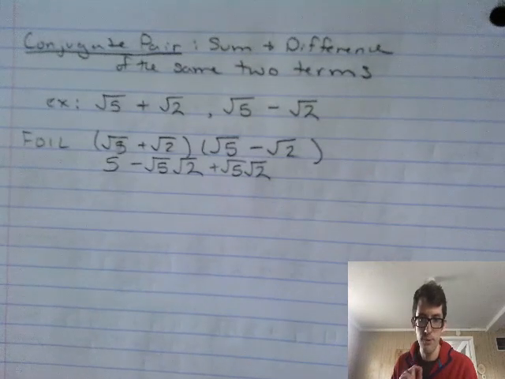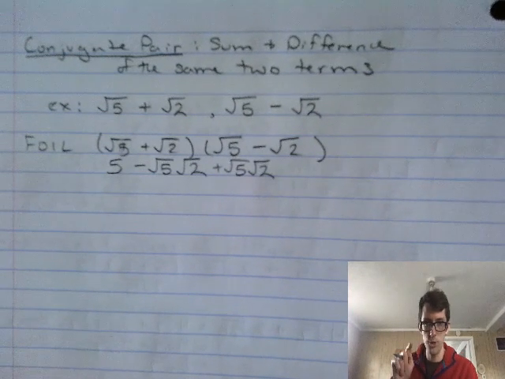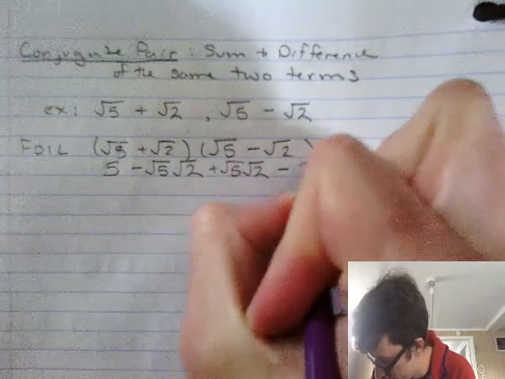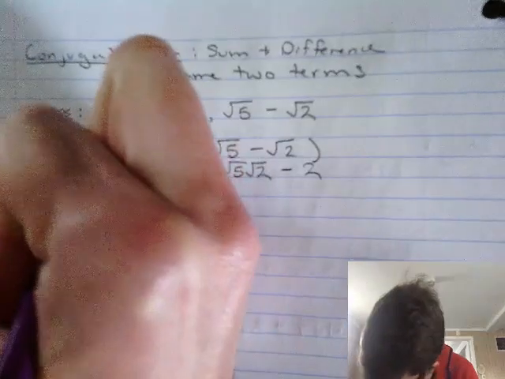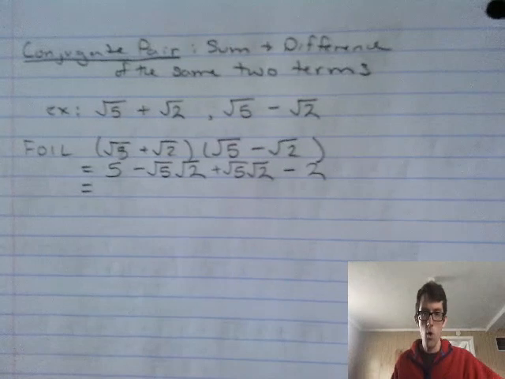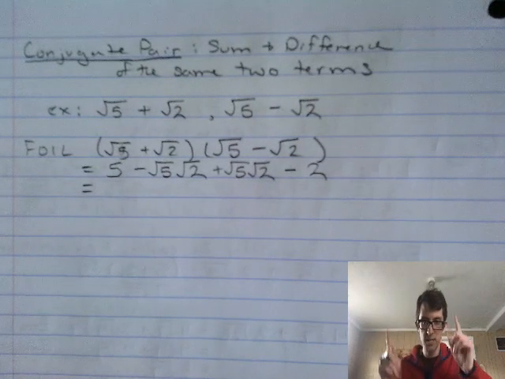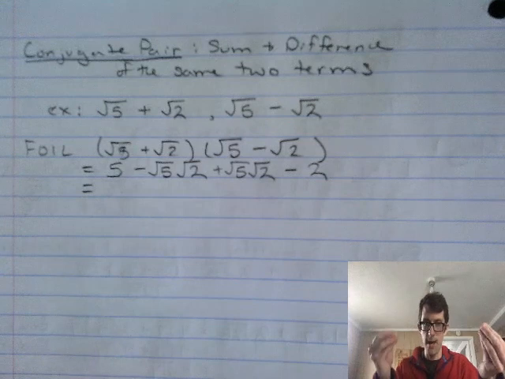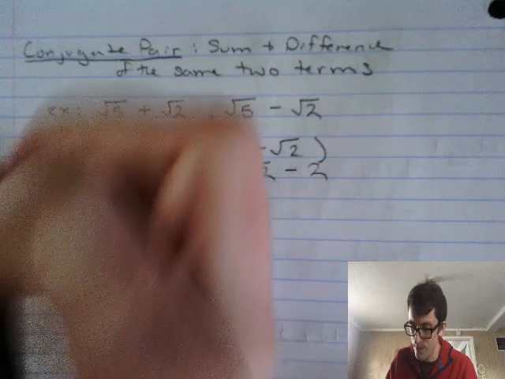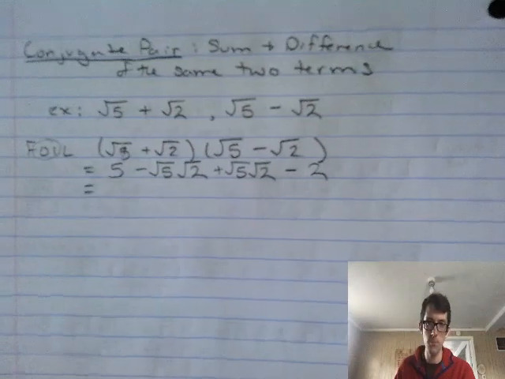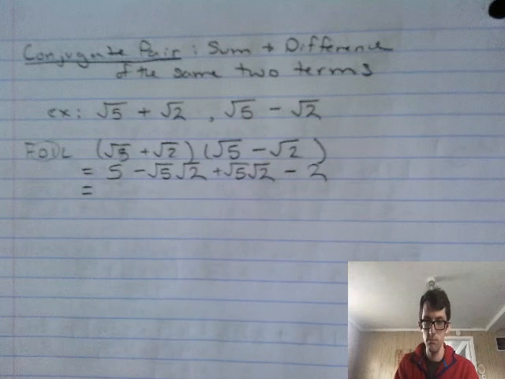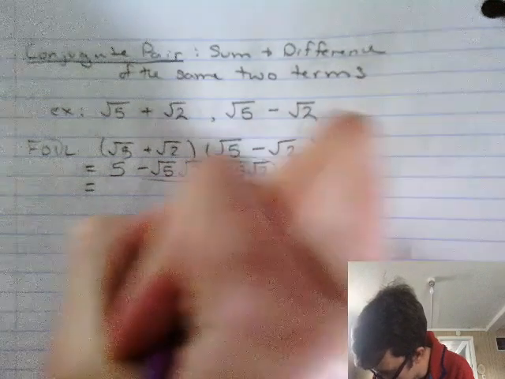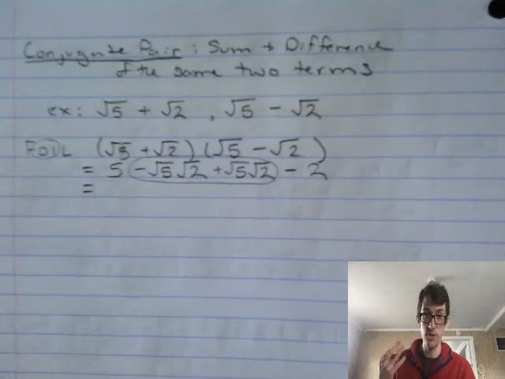And then lastly, the square root of 2 times the negative square root of 2 would be minus 2. We should notice, because the signs are opposite, we have a plus and a minus, that those outside and inside terms cancel out. These will cancel out their opposites.